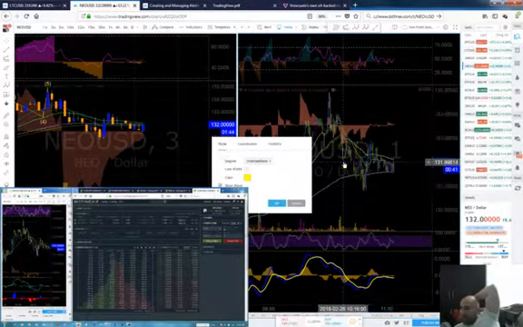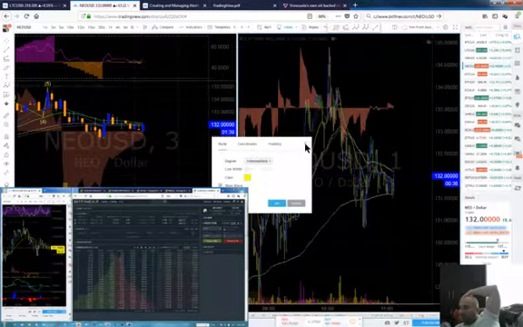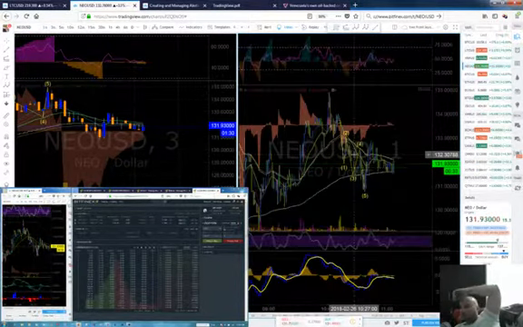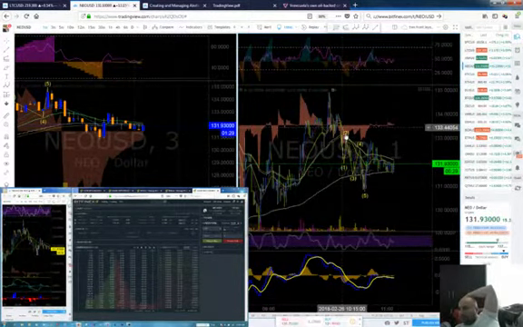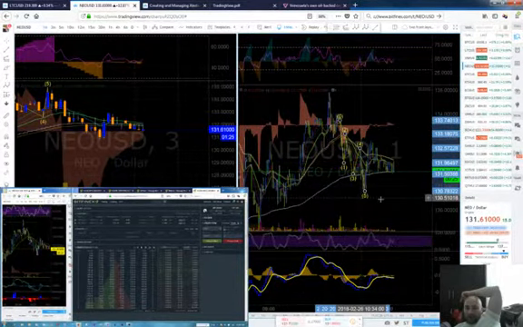Clean that up because I can't see a thing. Alright. My computer slows down when I'm recording.